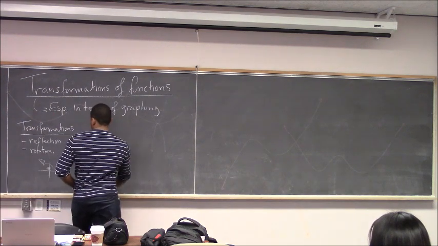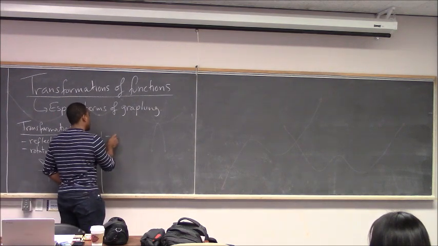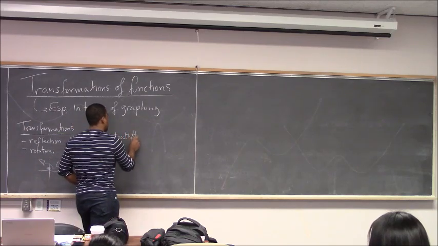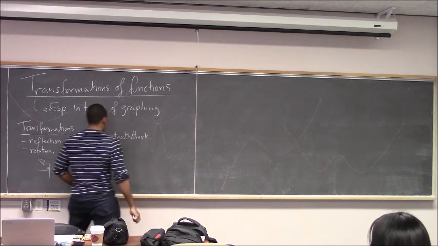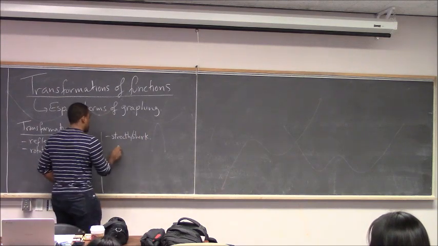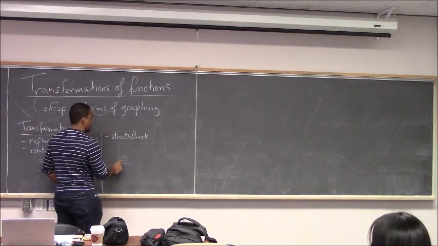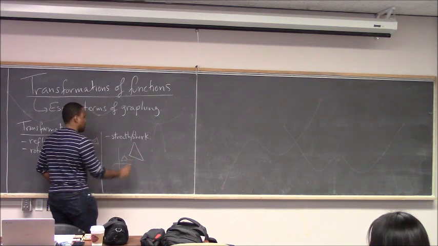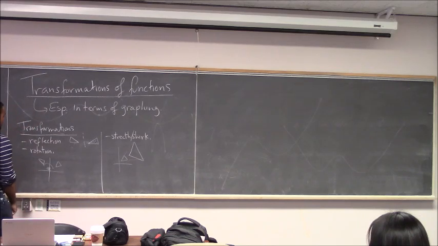You can have what's called a stretching or a shrink. Some people might call this dilation. So you can have an object like this, and then you stretch out the object, make it larger or smaller.